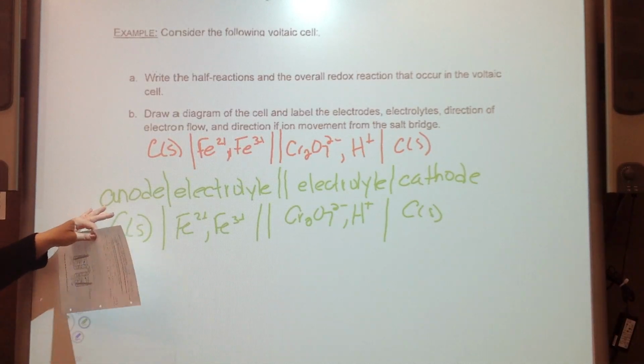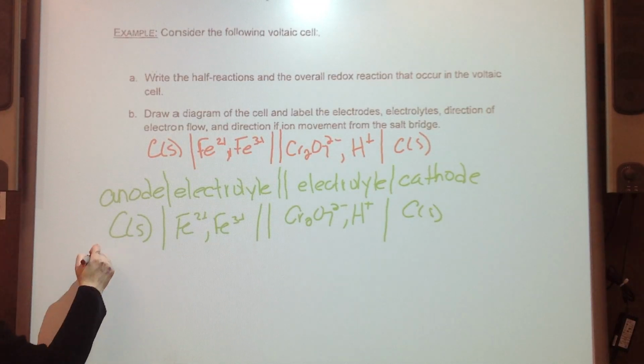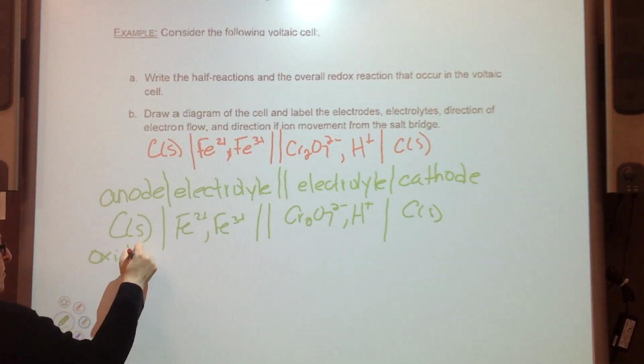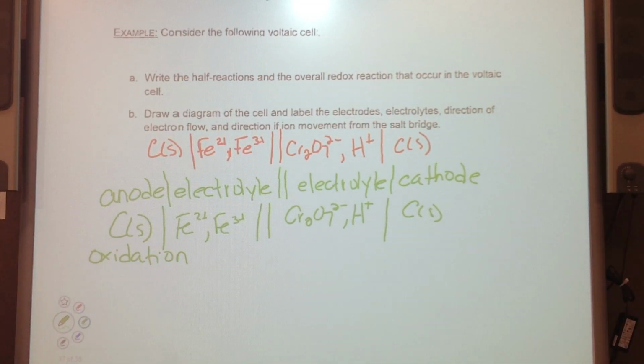So if this is the anode, what reaction is this? Oxidation. Oxidation happens at the anode, and reduction happens at the cathode, okay?